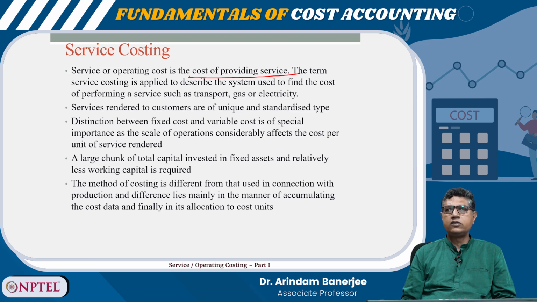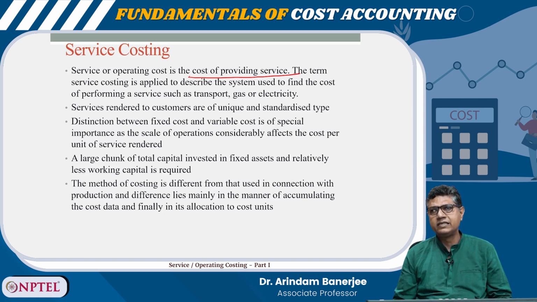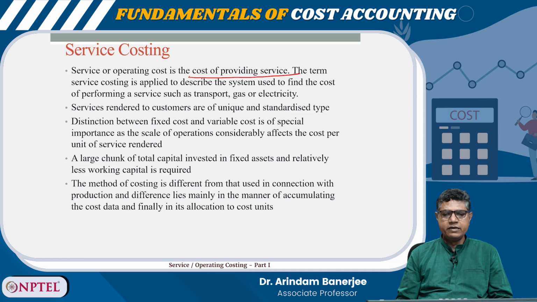A large chunk of total capital is invested in fixed assets and relatively less working capital is required. For example, for power supply companies, the fixed asset requirement is very high, but working capital requirement is relatively less.